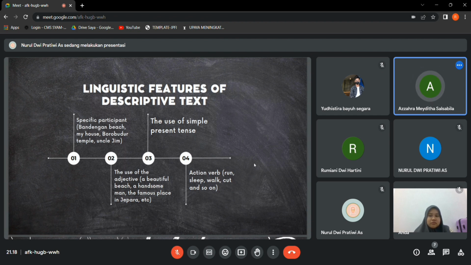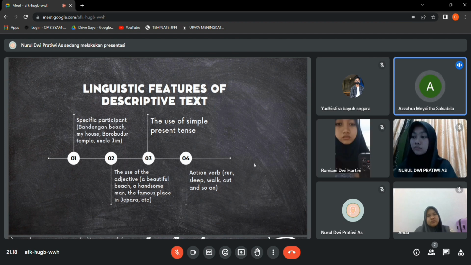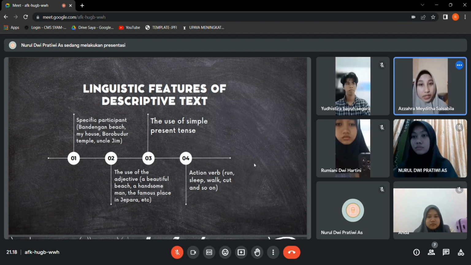For example, a beautiful beach, a handsome man. And the third is the use of simple present tense. And the last is that descriptive text uses action verbs. Examples of action verbs are walk, run, sleep, or cut. Okay, that's all my explanation about descriptive text.